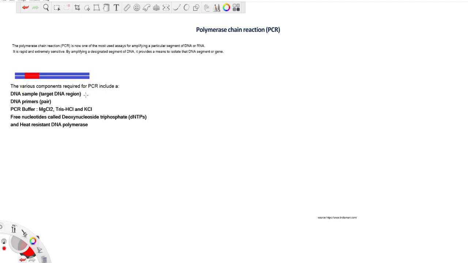What you need here is your DNA sample or your target region, which is this red part here. I'm going to redraw the red regions here, and let me just put the blue ones as well on the side, just to show you what is going on here.